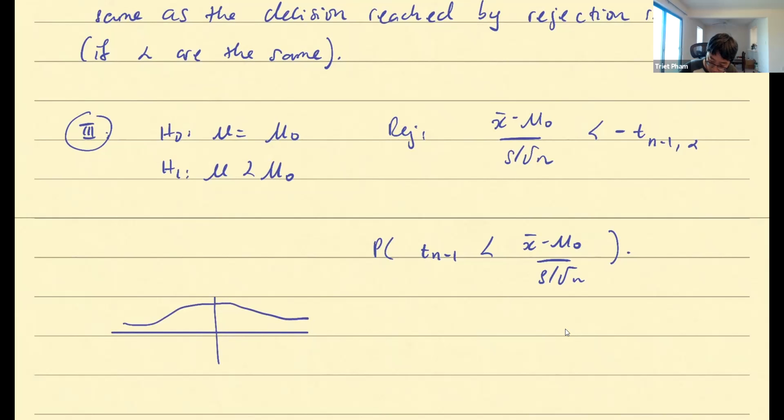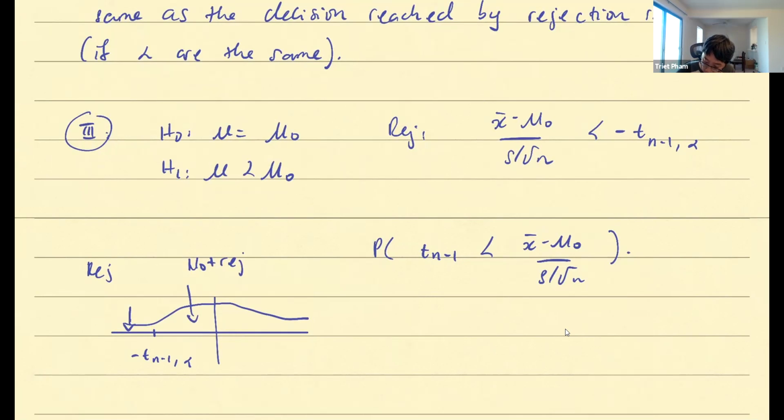So this is the T curve, right? So here is minus t_{n-1, alpha}. In the rejection region, you search for T in this area. If the test stat is in this area, then you reject.